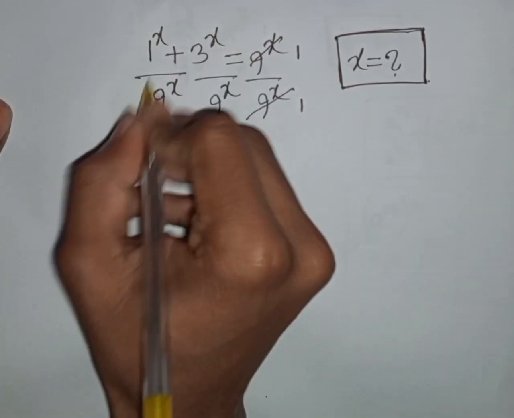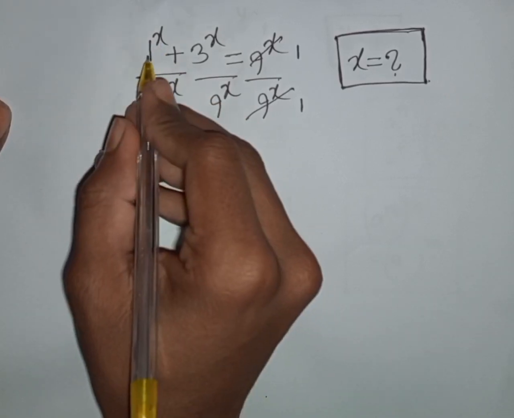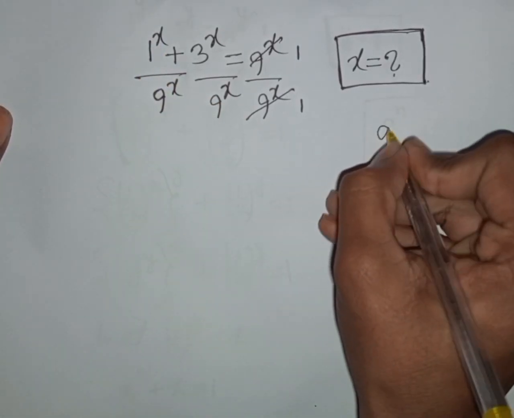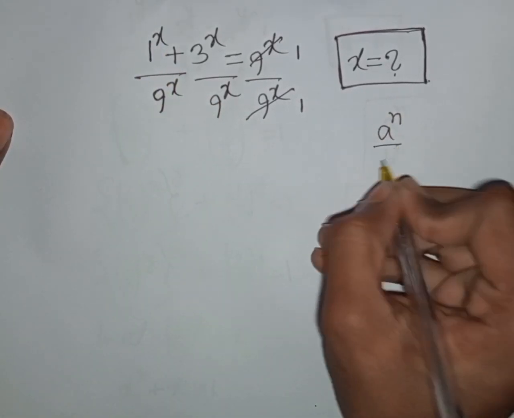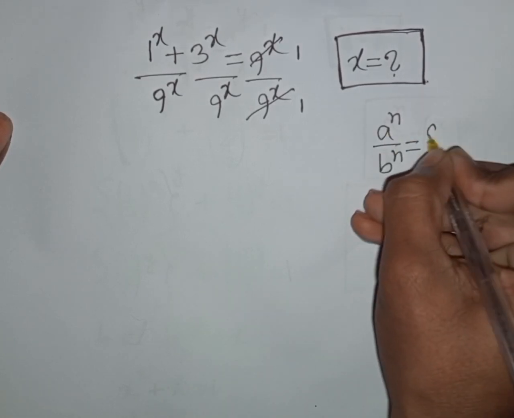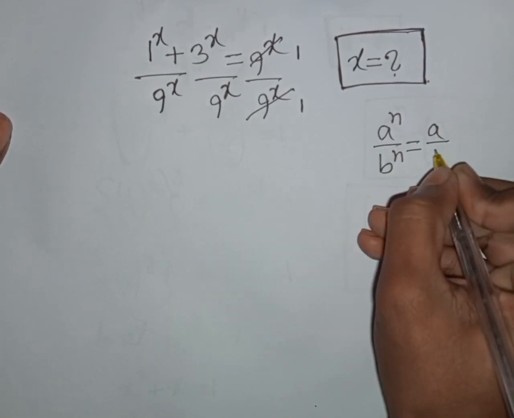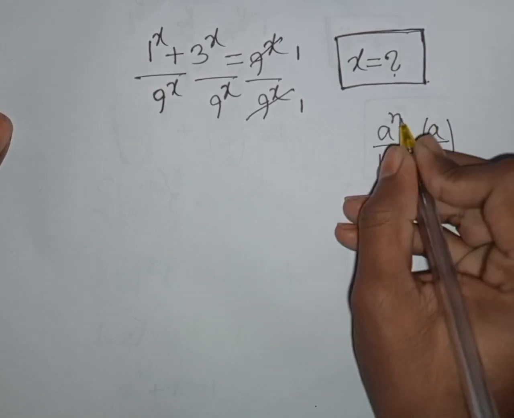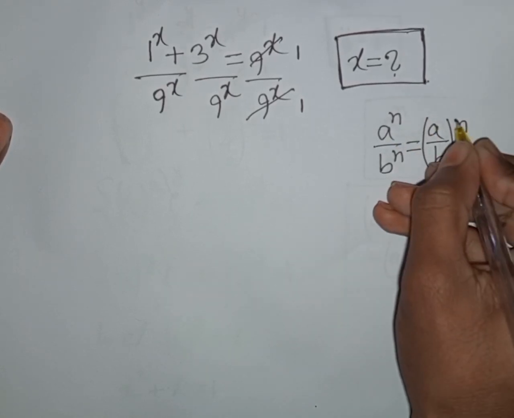Now from here we see x is the same power but with different bases. So according to this formula, a power n over b power n is equal to a over b, bracket, common power n.